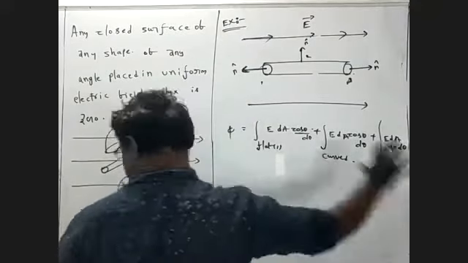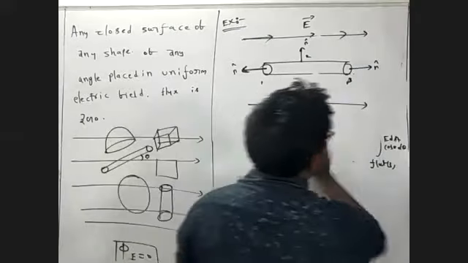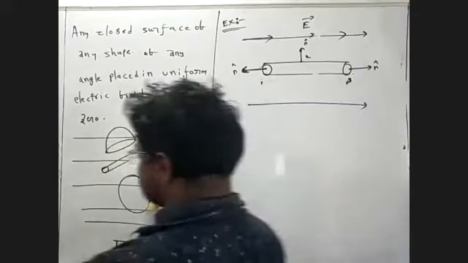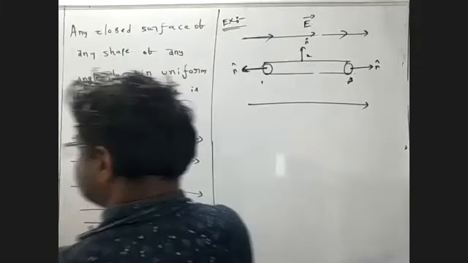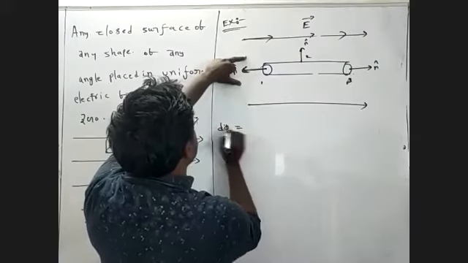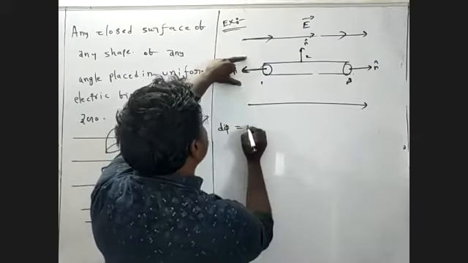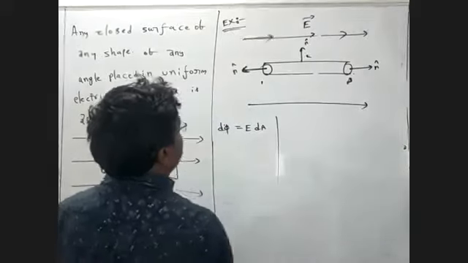Now I'm going to calculate directly. So what is the formula? I'm taking this part. d phi is equal to E into dA, this is part number 1.